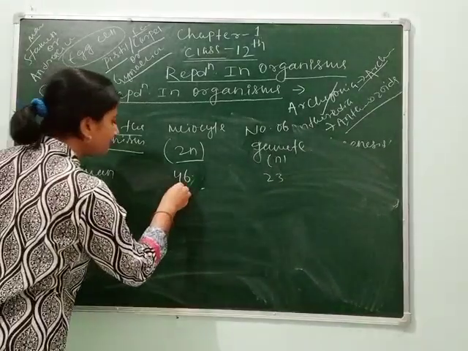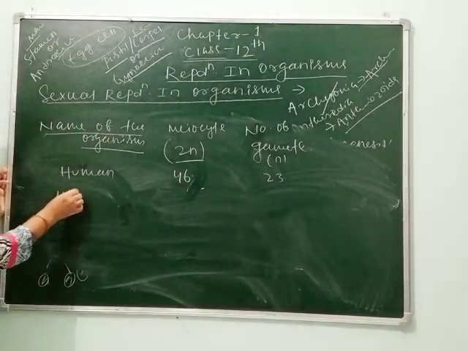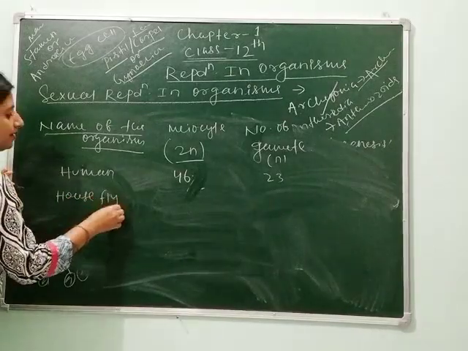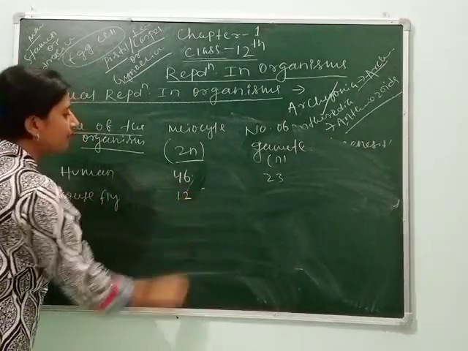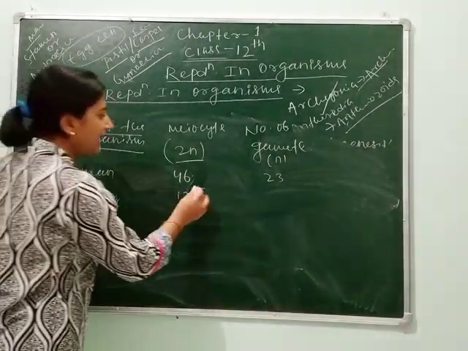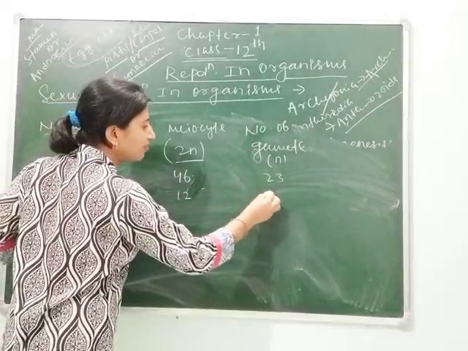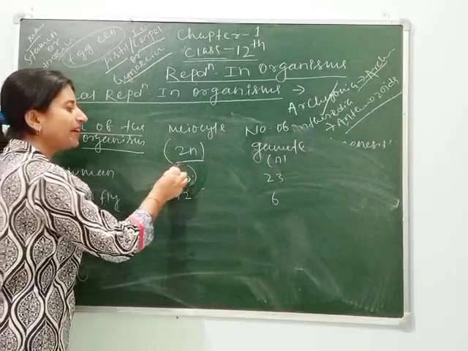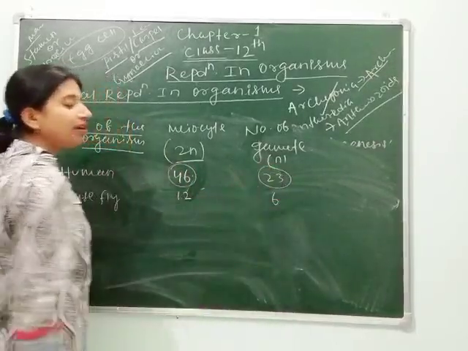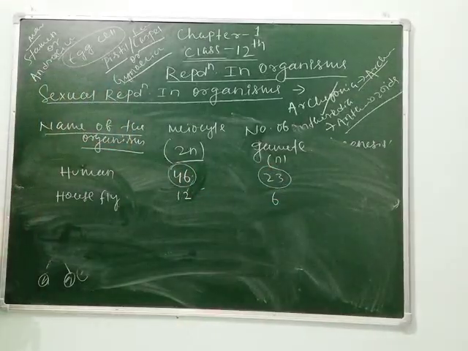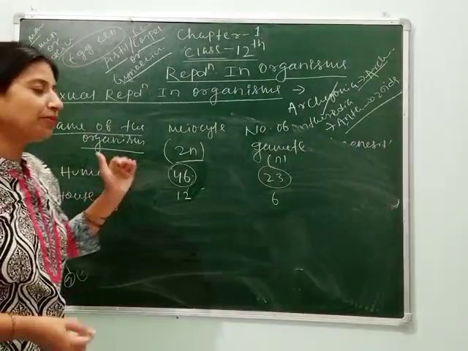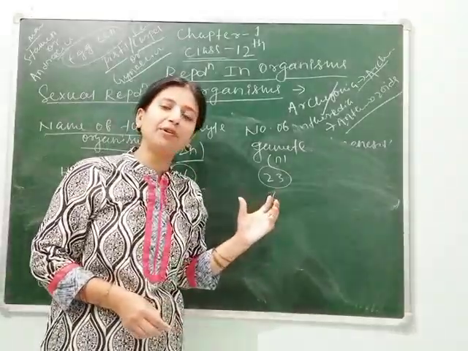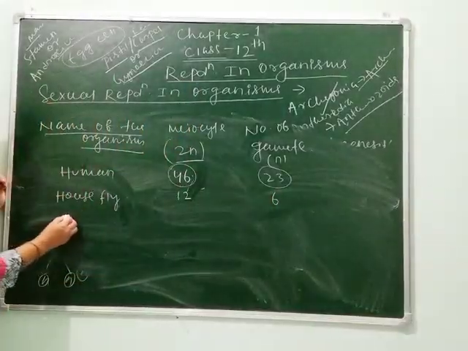If we see the housefly, it has 2n equal to 12, and its gamete has 6 chromosomes. So we can say how diploid parents give half the number of chromosomes to the gamete, and the gamete contains half the chromosomes of that species. So on, we can see how different organisms contain different numbers of chromosomes in their gametes. Suppose here another example, maize.